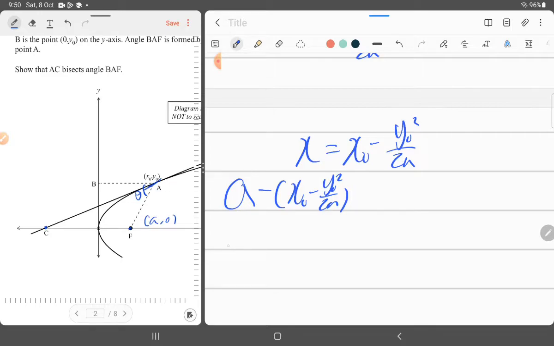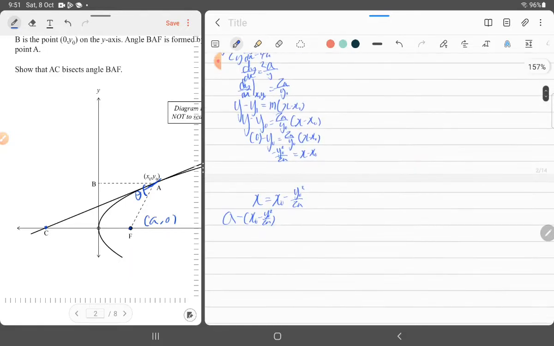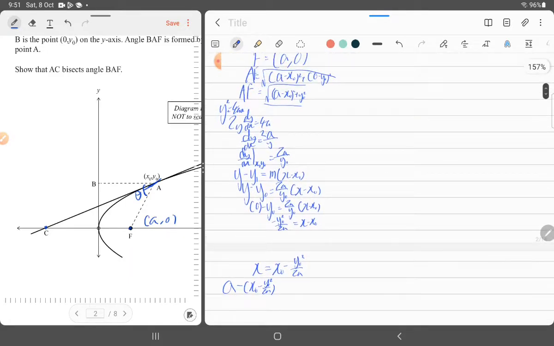They're both at 0. This should be the distance. Oh, I know.